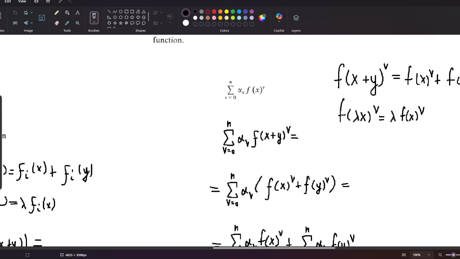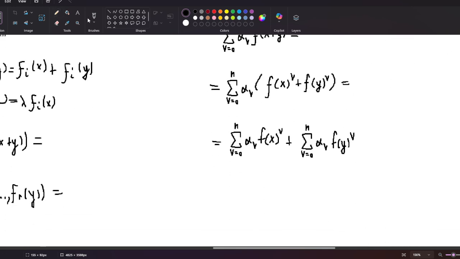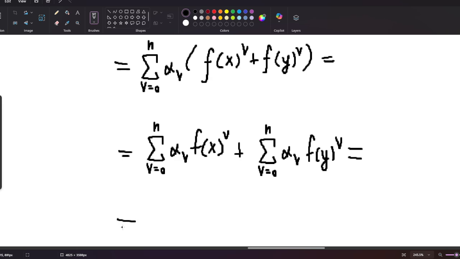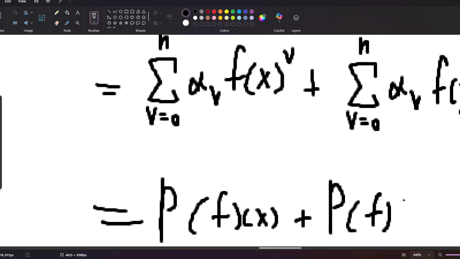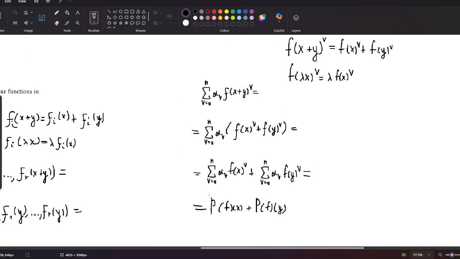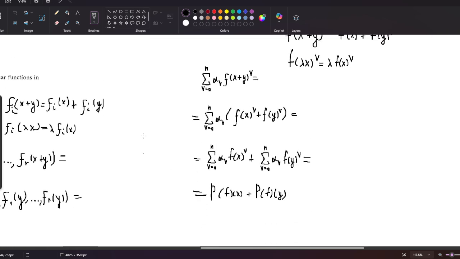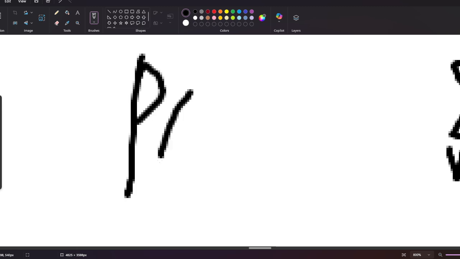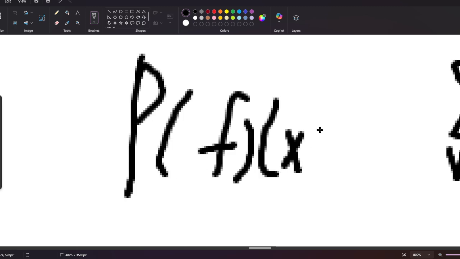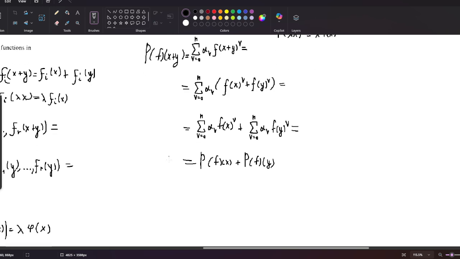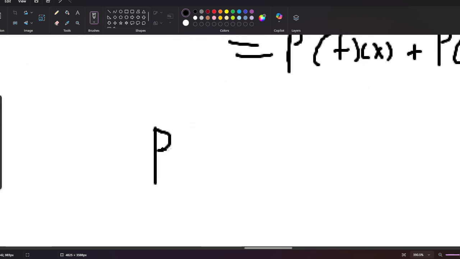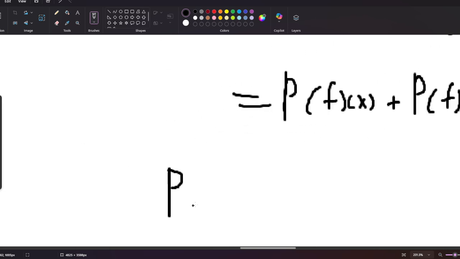If we were to say that this is equal to p(f)(x) plus p(f)(y), this is essentially the first property that was necessary for us, because reminding you that the original input was x plus y, yeah? That's the first property. Now we need to prove the other one, or find conditions under which it's gonna be true, if it's not always true.